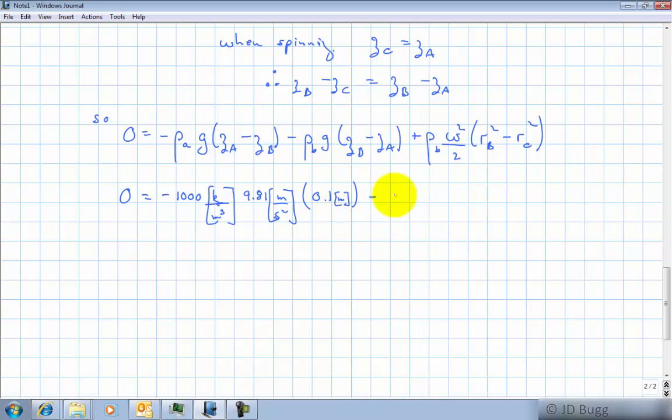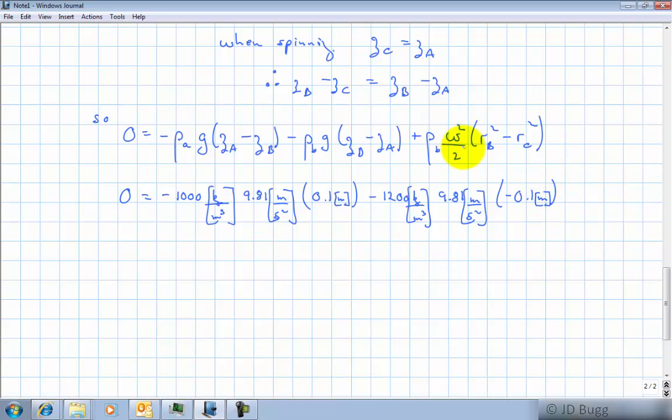Minus the second term here, density of 1,200 kilograms per meter cubed. G of 9.81 meters per second squared. And ZB minus ZA is going to be negative 0.1 meters.